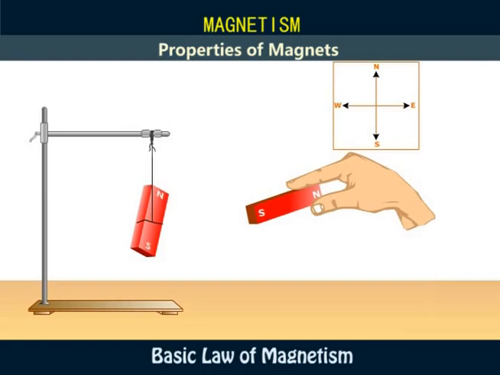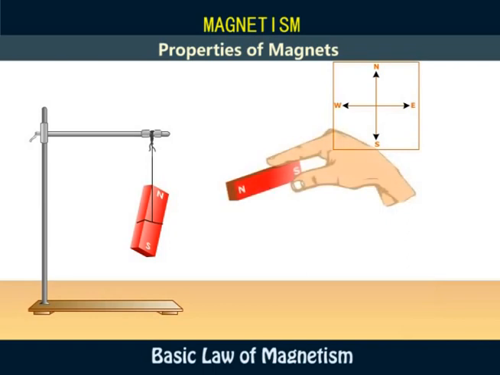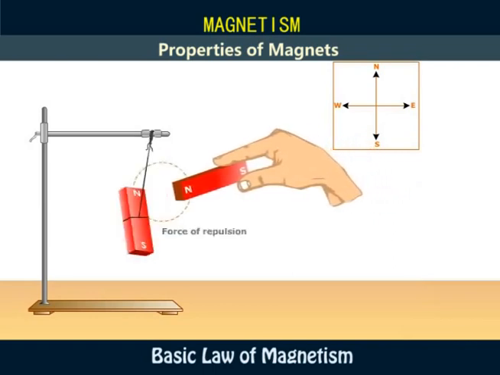The south pole of the suspended magnet moves away. This is repulsion. When a north pole of another magnet is brought close to that of the suspended magnet, repulsion occurs. This means that like poles of magnets repel each other.